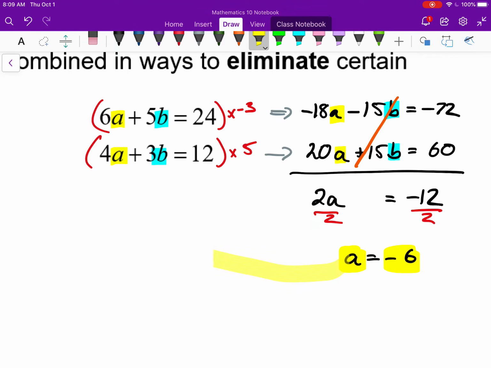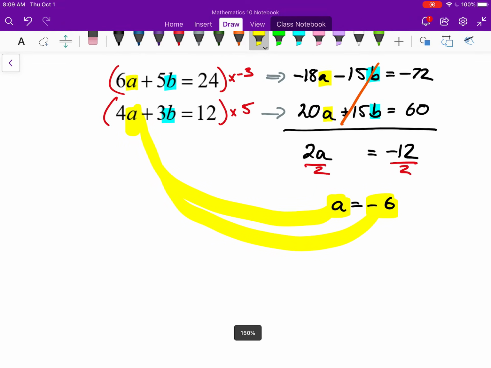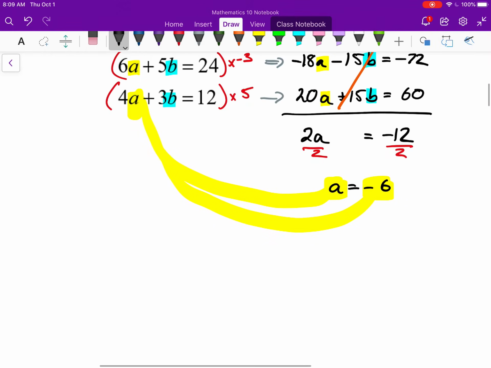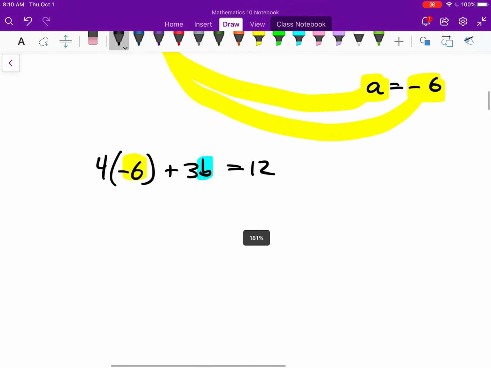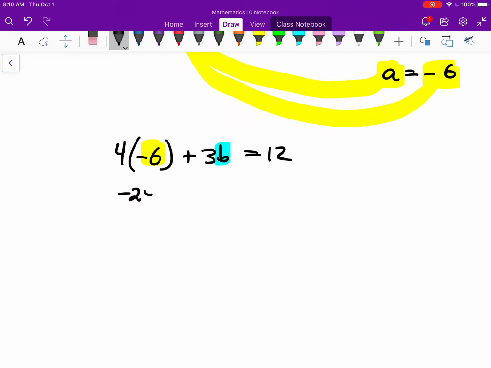So I'm going to put it into this second equation right here, although I don't have to. I'm going to substitute that a with negative 6. And so now I have 4 times negative 6 plus 3b equals 12. So now I can solve for b. And this time it should just take me a few steps. 4 times negative 6 is negative 24.